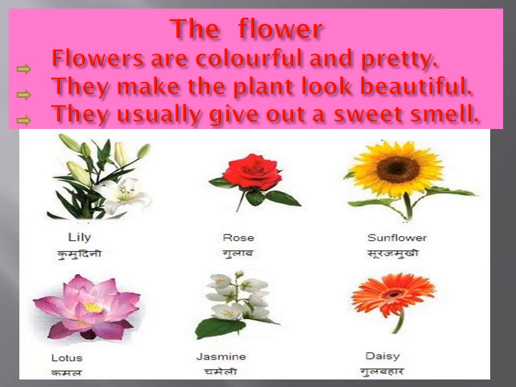They usually give out a sweet smell. Just see in the picture, there are some flowers like rose, sunflower, lotus, jasmine, daisy, lily. You might have seen all these flowers in your garden or in your school. So it smells so sweet and it also looks beautiful.